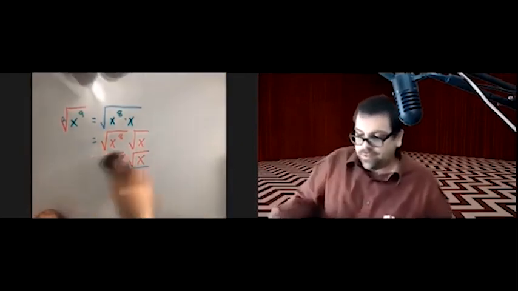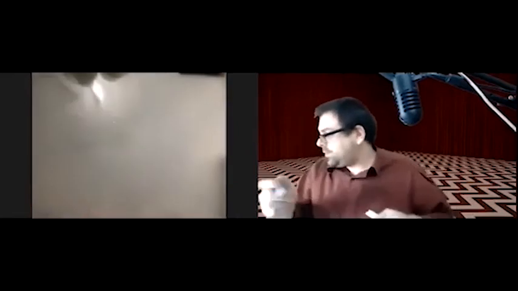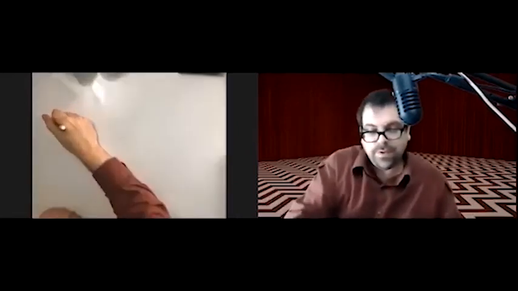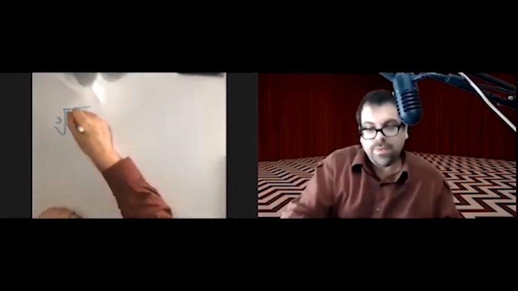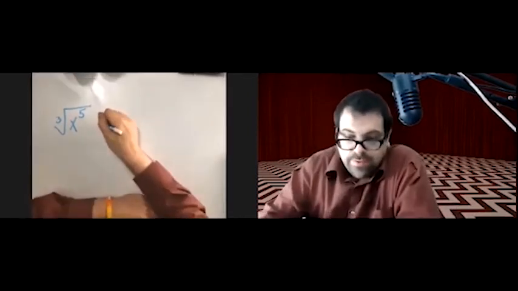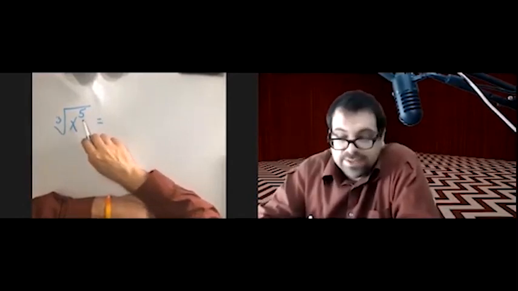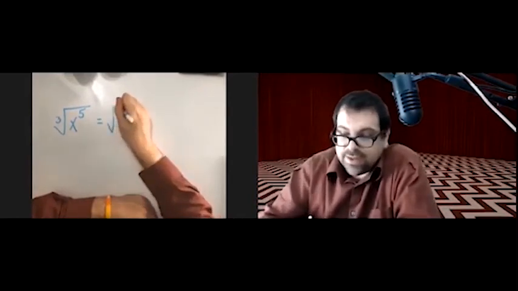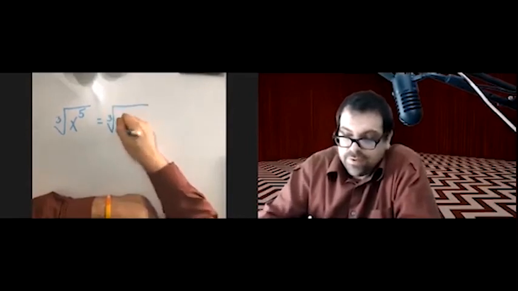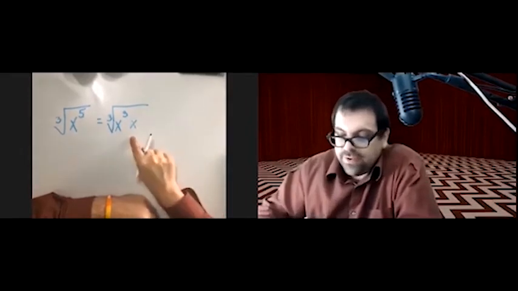Let's look at another. The cube root of x to the 5th. What's the highest multiple of 3 that fits in 5? Well, that's 3 itself. How would we rewrite x to the 5th?